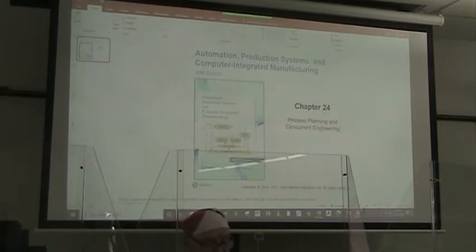So, we will be skipping chapter 23 about CAD/CAM for the moment, and jumping into chapter 24, which is process planning and concurrent engineering.